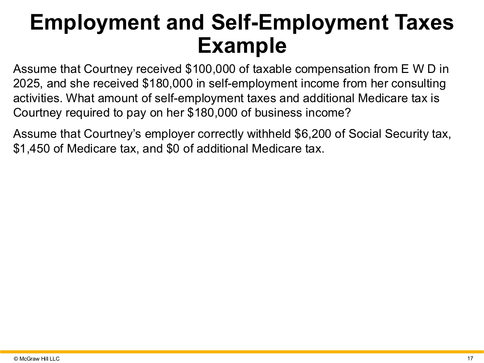So if we look at the employee tax base, the taxable compensation from EWD, $176,100 is the limit for the Social Security base.